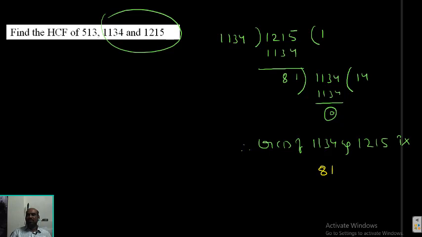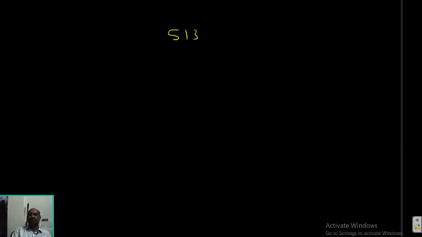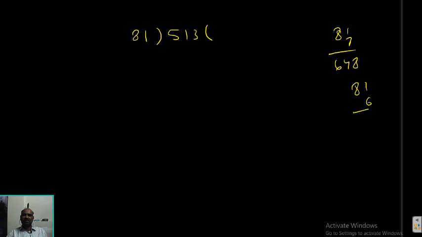Now we need to find the GCD of 81 and 513. I will find it on the next page. 513 should be divided by 81. 81 10s are 810, maybe 8 times 8s are 640, crossed. 81 6s are 486.